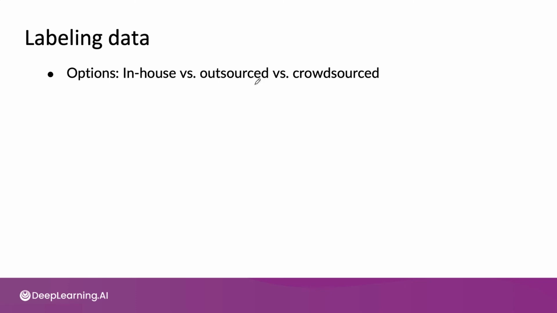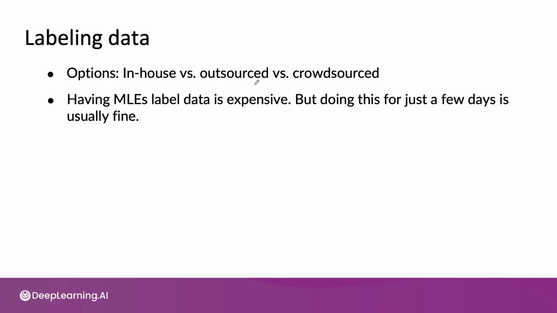Some of the trade-offs between these options: having machine learning engineers label data is often expensive. But I find that to get a project going quickly, having machine learning engineers do this just for a few days is usually fine. And in fact, this can help build the machine learning engineer's intuition about the data.